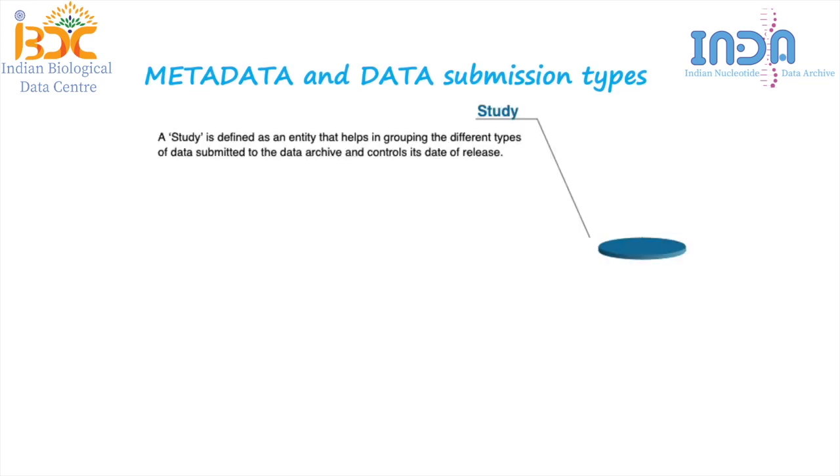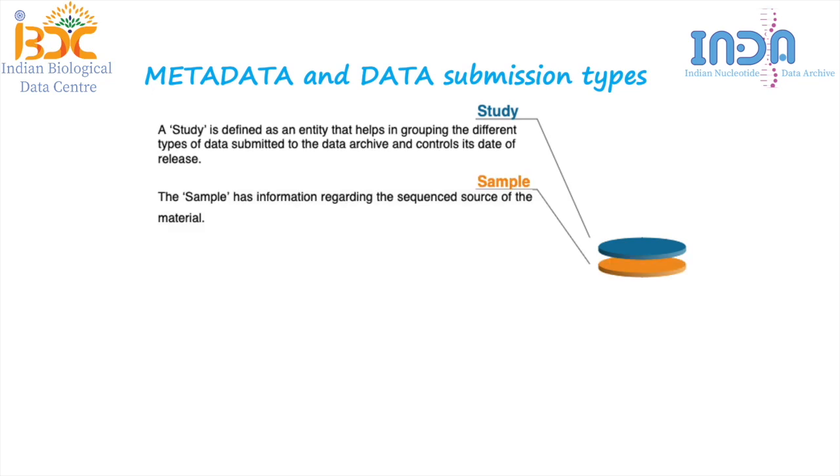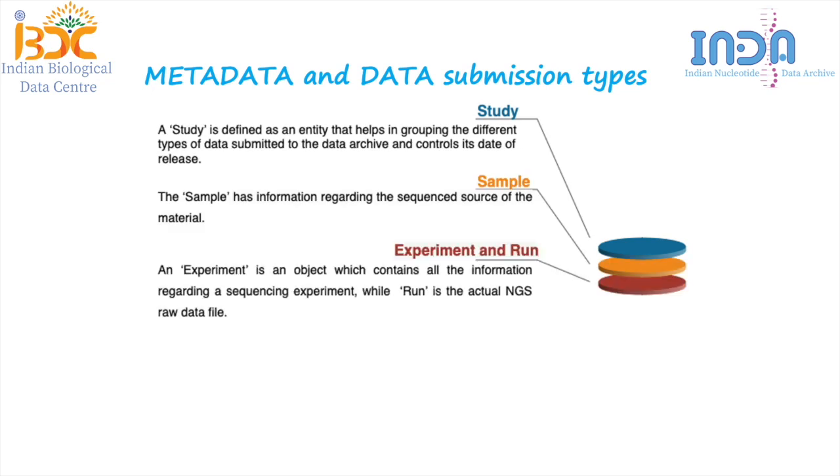A study is defined as an entity that helps in grouping the different types of data submitted to the data archive and controls its date of release. The sample has information regarding the sequenced source of the material. An experiment is an object which contains all the information regarding a sequencing experiment, while run is the actual NGS raw data file.